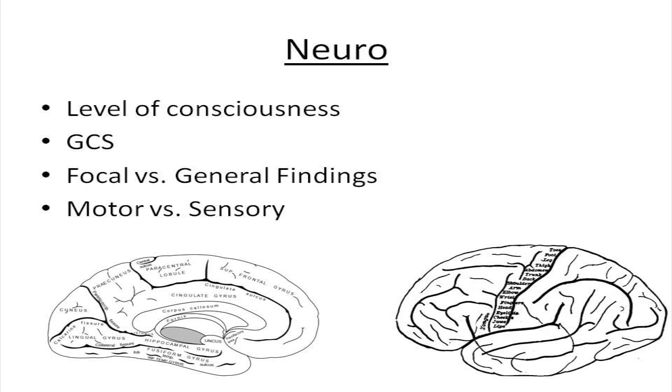Now, this is something that may not have been introduced to you in paramedic school, but I think it's extremely important. The picture on the bottom right here is showing the motor cortex of the brain, and you can see listed from top where it says toes all the way to the bottom where it says lips and tongue, that the motor distribution for the brain is organized in a fashion along that precentral gyrus there.